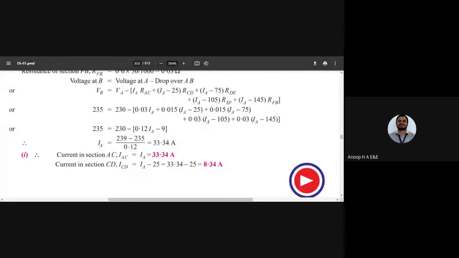Meanwhile, Kusuma, are you there? Yes, sir. Kusuma, similarly, after Chetan is done with the resistance of each section, you find out the current that is flowing, IA. I want every one of you to solve it. Yes, sir.